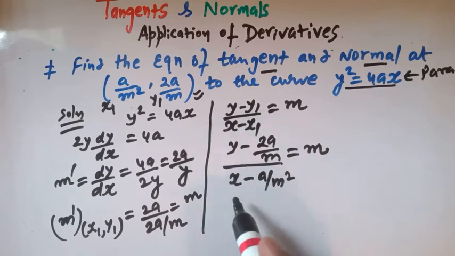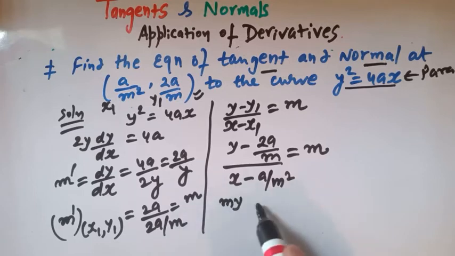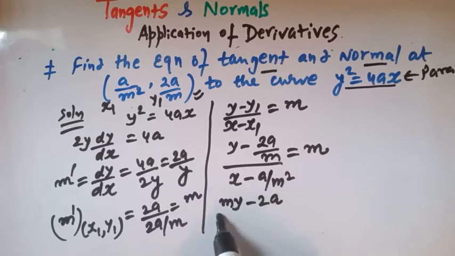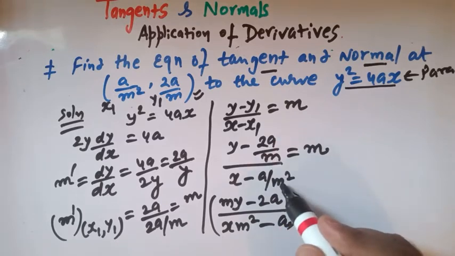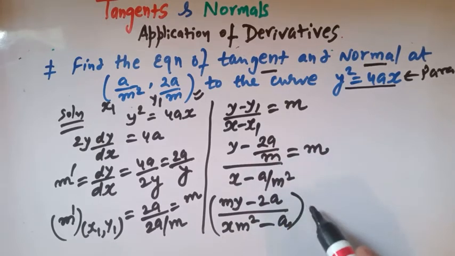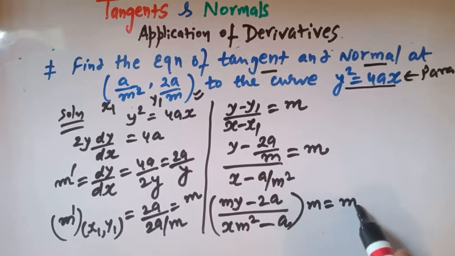Clear? Now we'll simplify it, and we have (my minus 2a) over (xm square minus a), and this m and this m, one power will get cancelled, and we have m is equal to m.